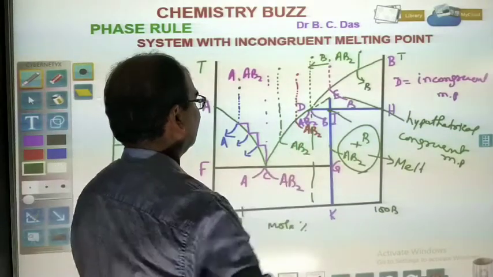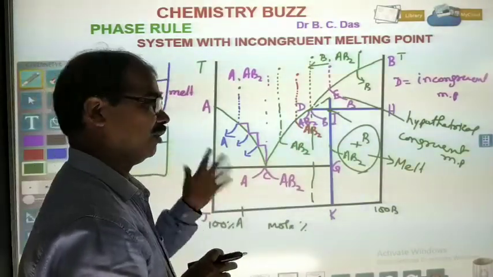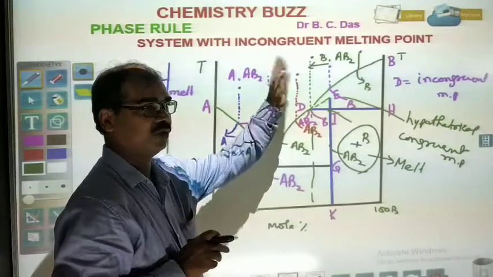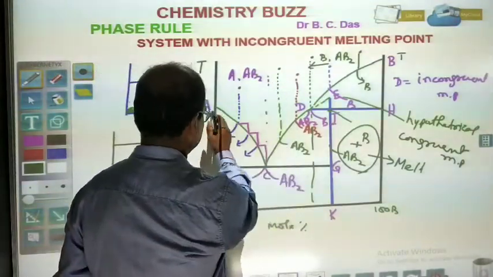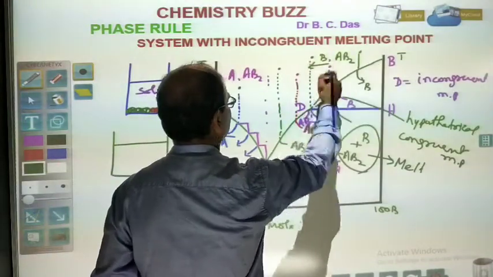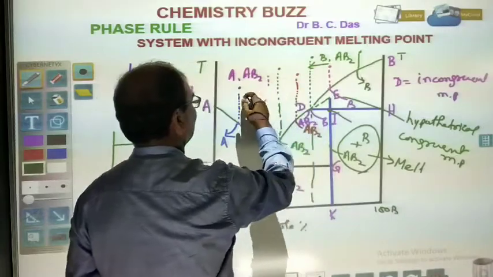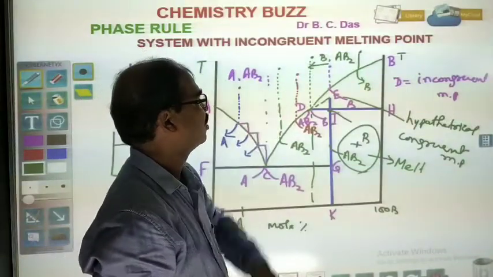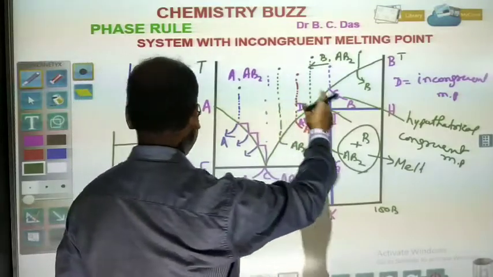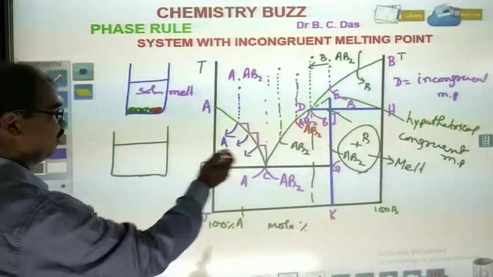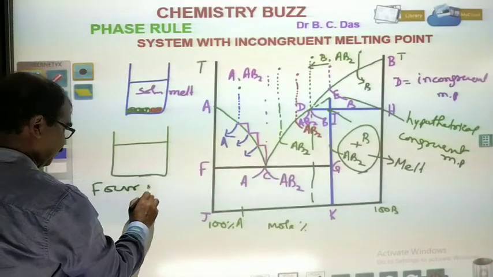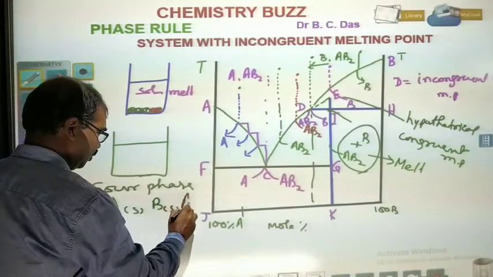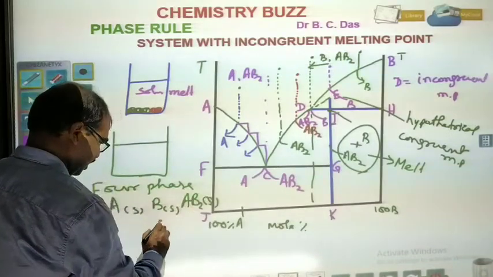As far as the degree of freedom is concerned, we have already discussed it for the eutectic and congruent melting point systems. Consider the solution region A, C, D. In this total region, we have three different species, A, AB2, and B. And in this system there are four phases: A solid, B solid, AB2 solid, and the melt.